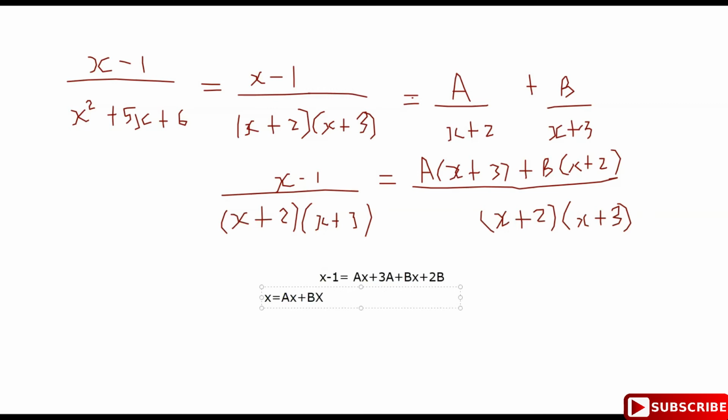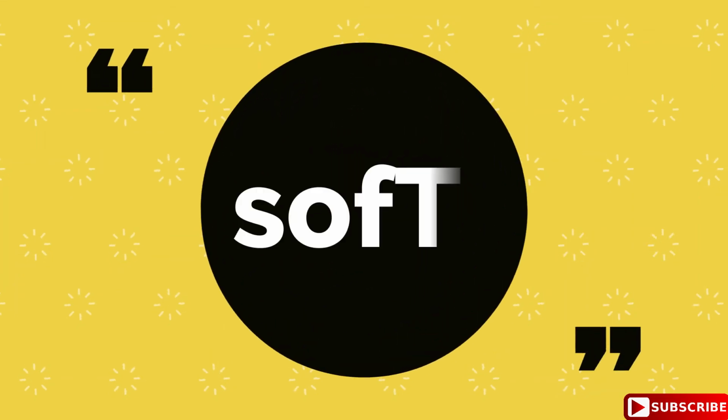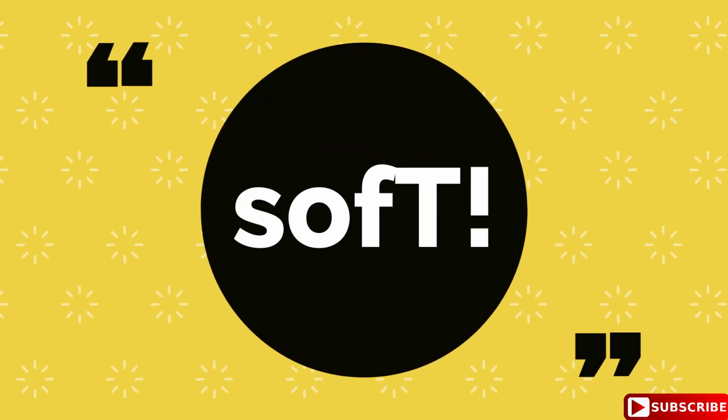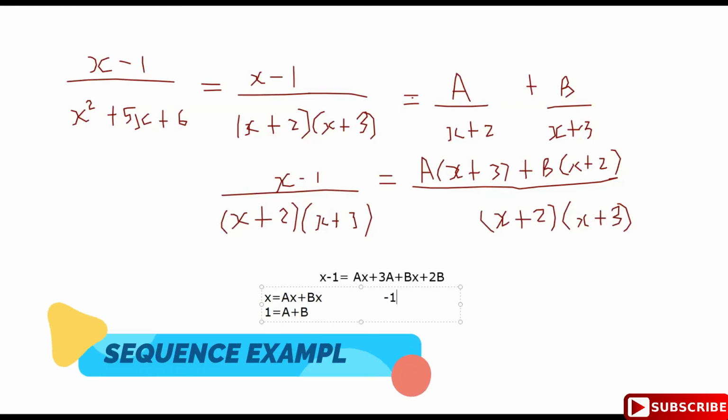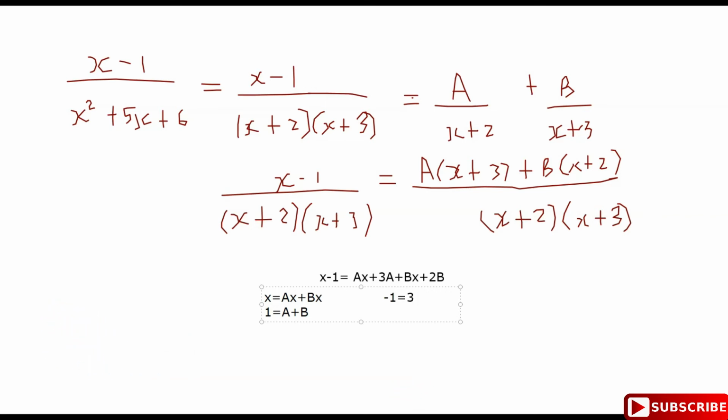So dividing through by x, that gives us 1 is equal to a plus b. That's equating our x terms. And equating our constants, we see minus 1 is equal to 3a plus 2b.